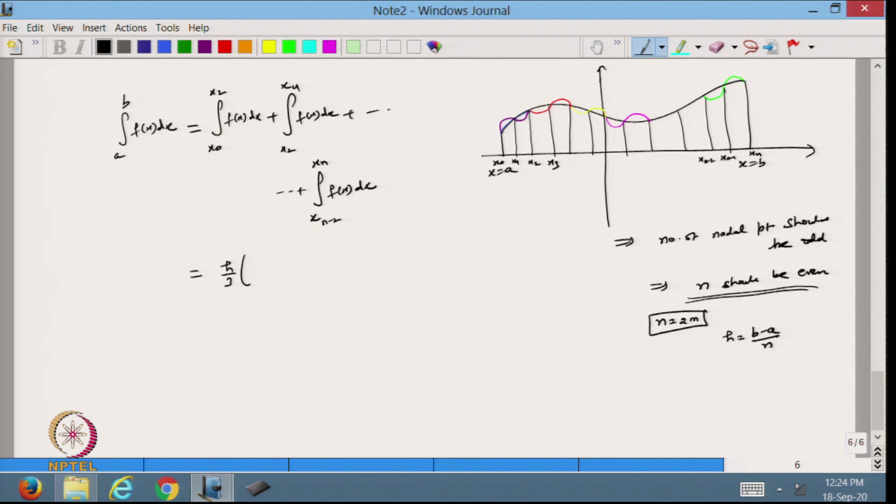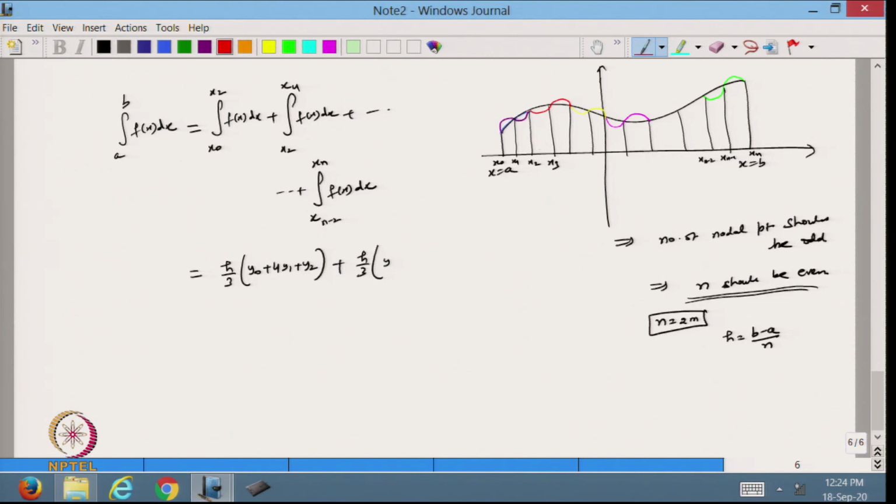This is my h. Now the next interval will be h by 3, and y2 is coming here because this is the connecting node.